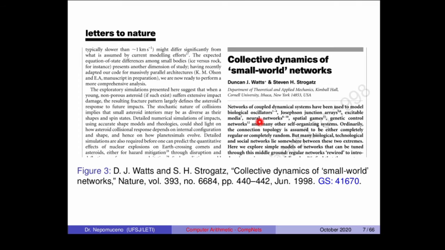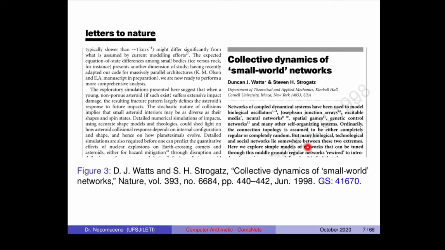So this is one of the very nice papers from Watts and Strogatz, called Collective Dynamics of Small-World Networks. It came out in 1998, and has more than 4,000 citations in Google Scholar.